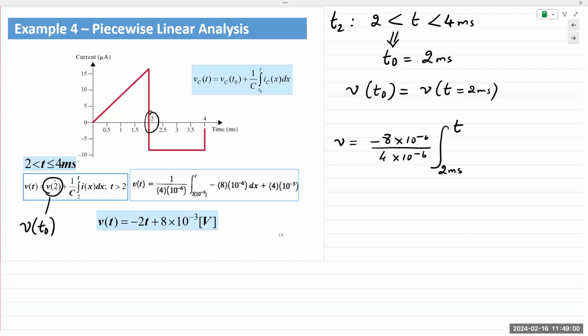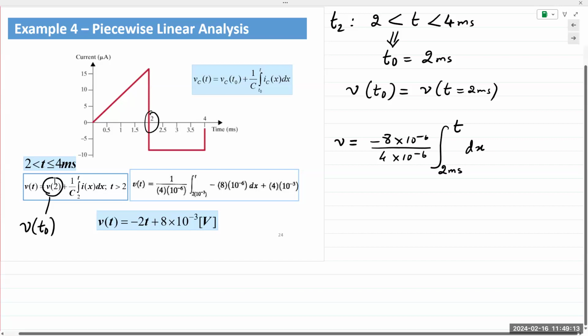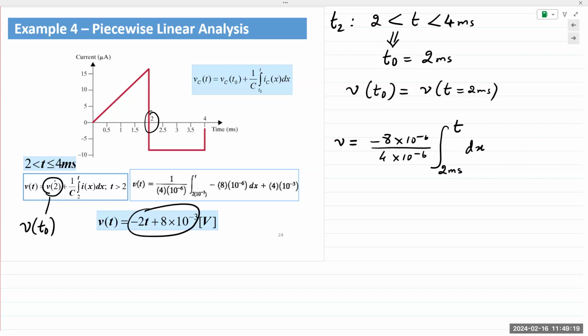And upper limit is t. And then, of course, this is simply dx. So we solve this and we obtain minus 2t plus 8 into 10 raised to minus 3 volts.